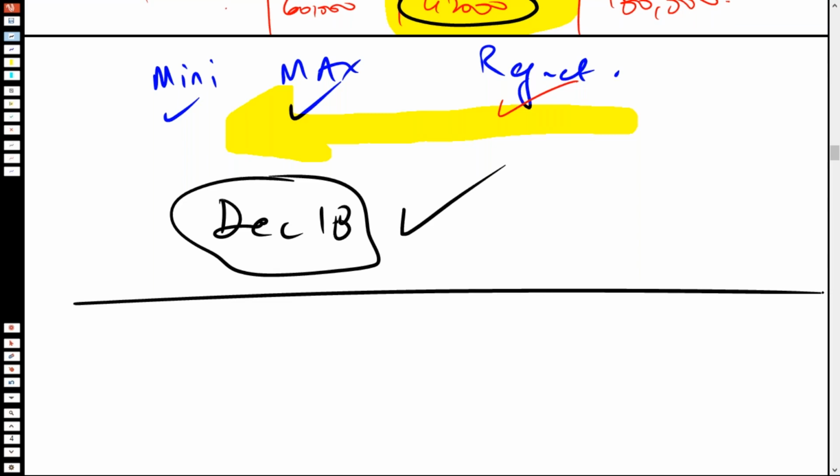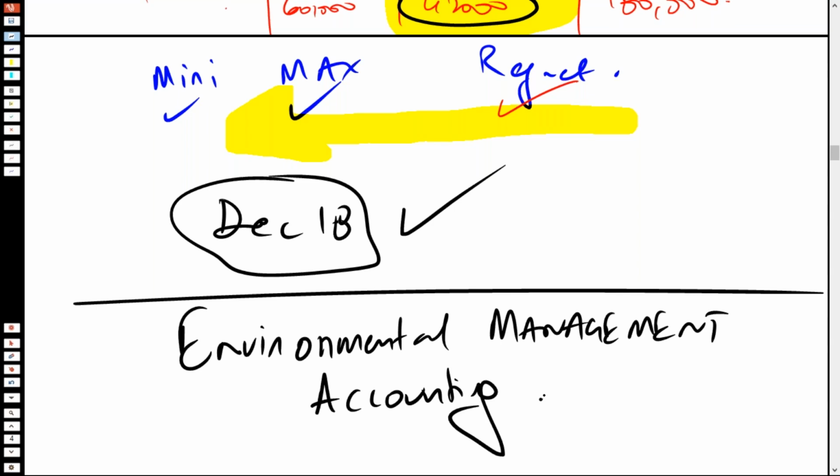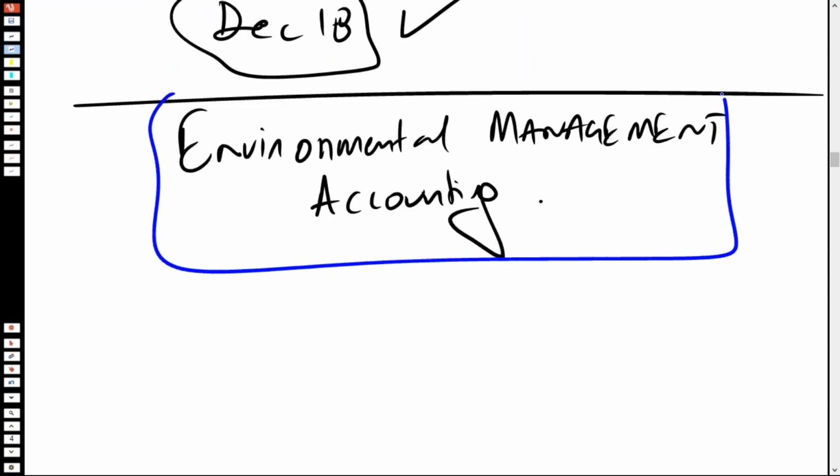So let's just start discussing this topic, which is called environmental management accounting. What exactly do you mean by environmental management accounting?